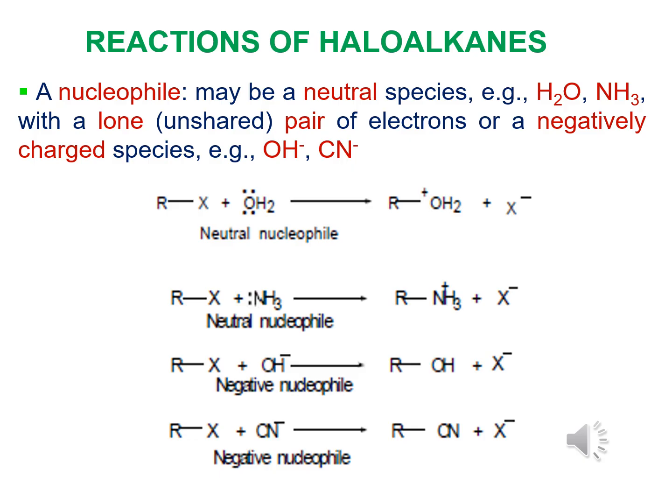What is a nucleophile? A nucleophile is a neutral species, for example water and ammonia, that have a lone pair or unshared pair of electrons. A nucleophile can also be a negatively charged species like hydroxyl or cyanide; that negative sign makes it a nucleophile.